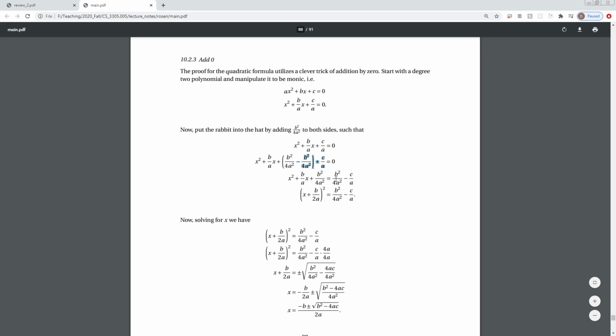And we move that to the right side, and now we have this is equal to b squared over 4a squared minus c over a. And then we did that because we wanted to complete the square. So we have something over here, and we should be familiar at this point with x plus y squared, right?